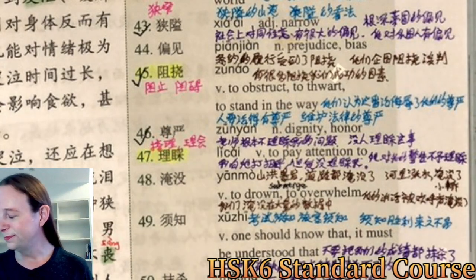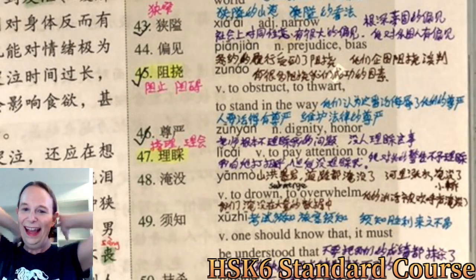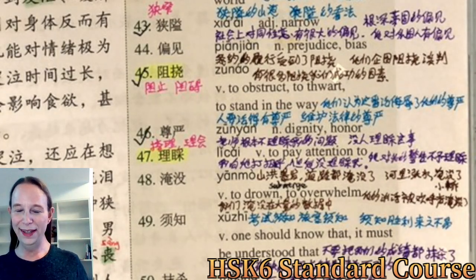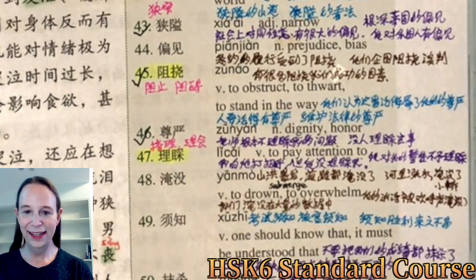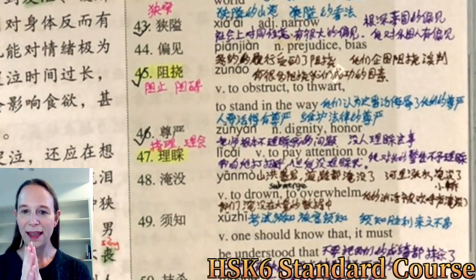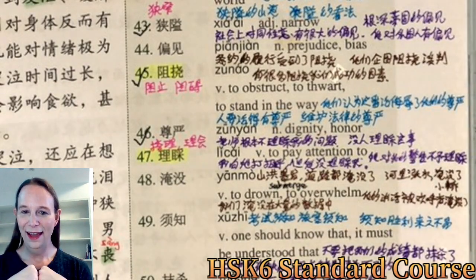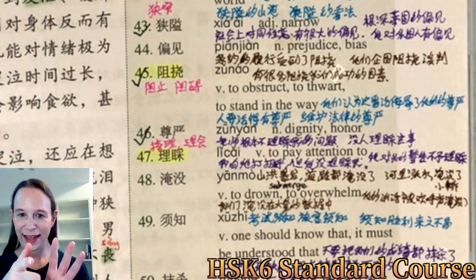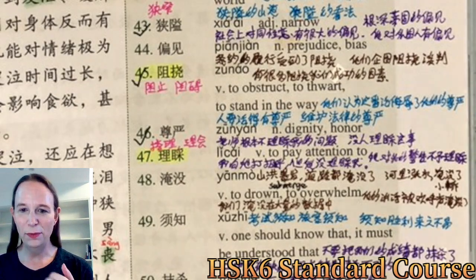阻挠. I kind of like this word 阻挠, meaning to thwart. I prefer the translation thwart. 我偏向于使用 thwart 翻译那个阻挠。为什么呢? I think it's just a bit more accurate.